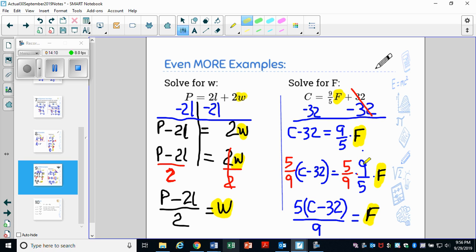So the inverse of 9/5 is 5/9. So when we multiply a fraction by its inverse, the result is such that we get rid of our fraction. So the 5/9 times 9/5, that just all becomes a big old 1. And in the end, we really don't even need the 1. So then it just becomes F.